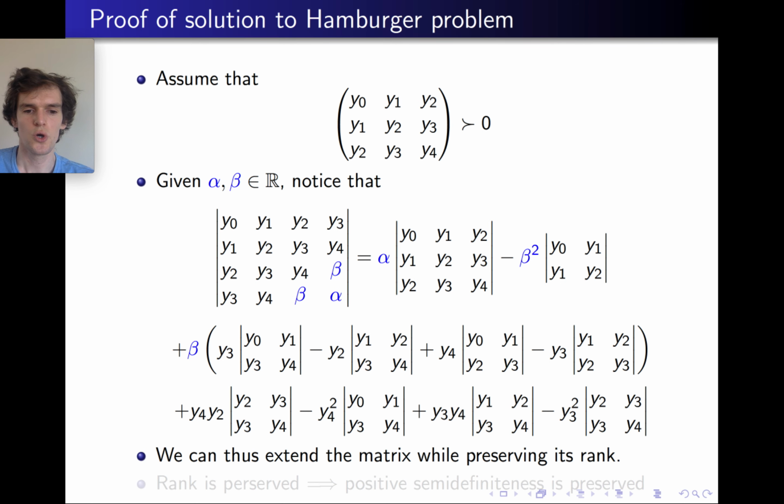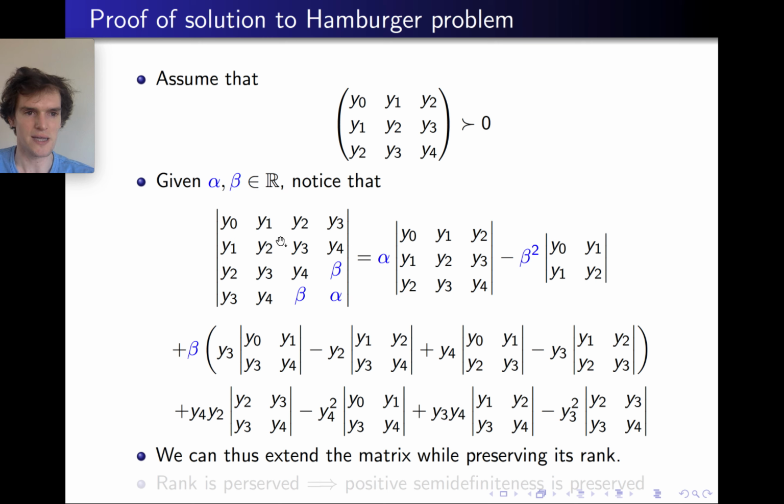And so what's nice is that we can extend the matrix while preserving its rank. So recall, this matrix is rank 3. It's full rank because it's invertible, and there are 3 columns, so it's rank 3.